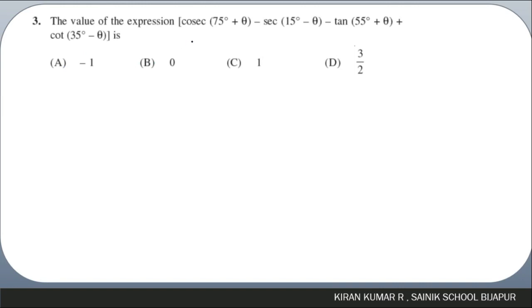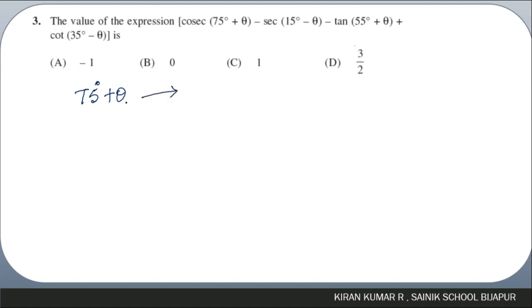The value of the expression cosecant 75 degree plus theta minus secant 15 degree minus theta minus tan of 55 degree plus theta plus cot of 35 degree minus theta is. This is a question related to complementary angles. Look at 75 degree plus theta.